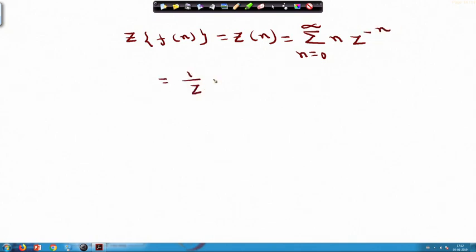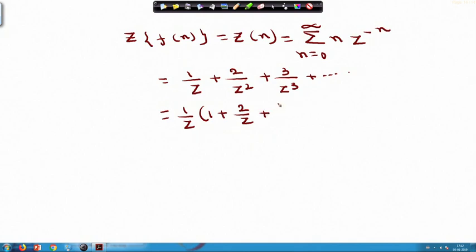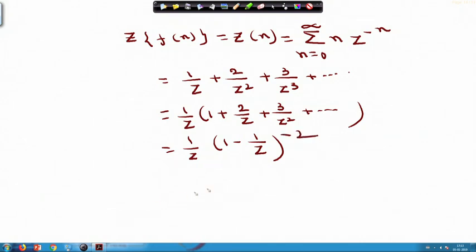If I simply evaluate it, I will obtain 1 by z plus 2 by z square plus 3 by z cube, and so on. Taking 1 by z common, this will be 1 plus 2 by z plus 3 by z square, like this. This equals 1 by z into 1 minus 1 by z to the power minus 2, so by simplification I get z by z minus 1 whole square.